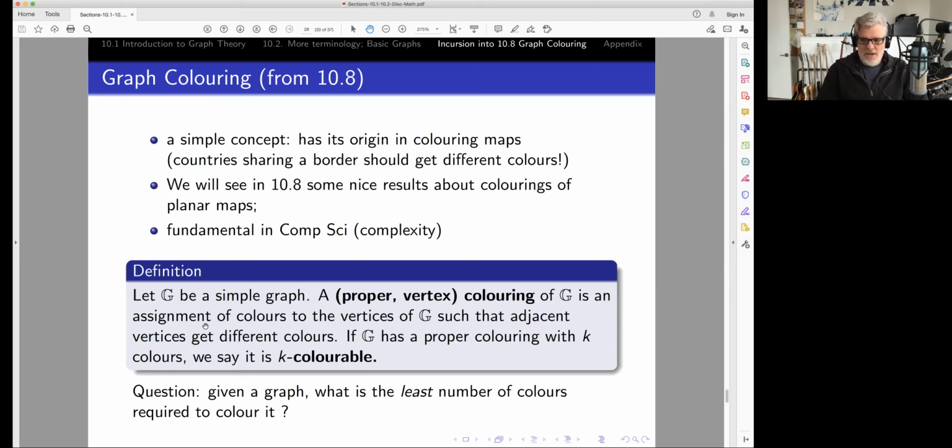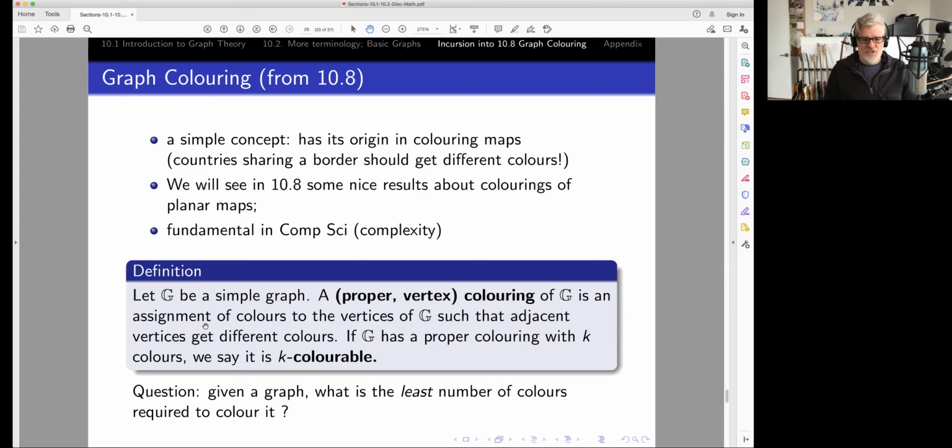Okay, so let's define what a coloring is. So I have a simple graph. So no orientation, no loops. There's also stuff which are edge colorings, but here when I talk about colorings, I mean a proper vertex coloring. I mean, you assign colors to the vertices of your graph such that if 2 vertices are adjacent, they must get different colors.